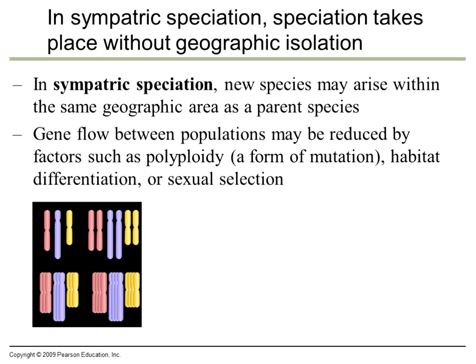Another factor of sympatric speciation is called polyploidy. It's a form of mutation, and you might have seen that in the genetic slide that I showed earlier, but this is just a graphic reminder.